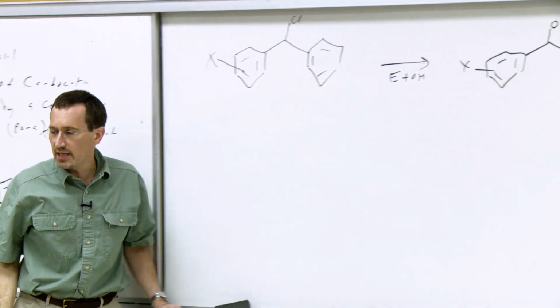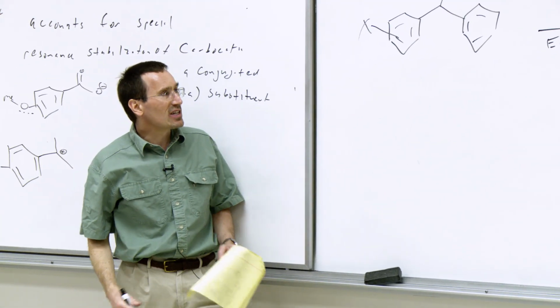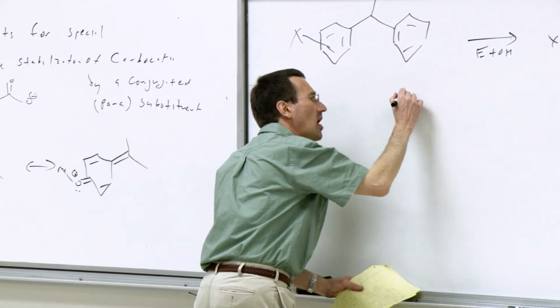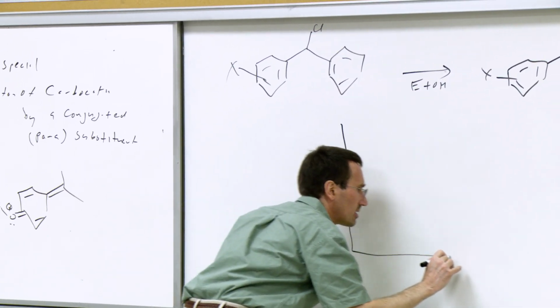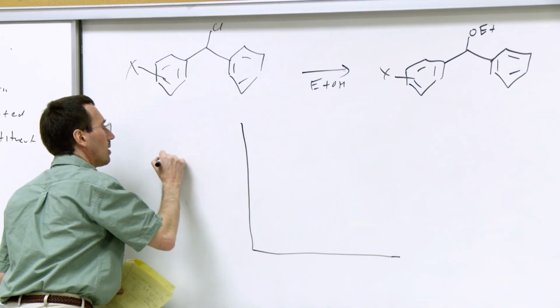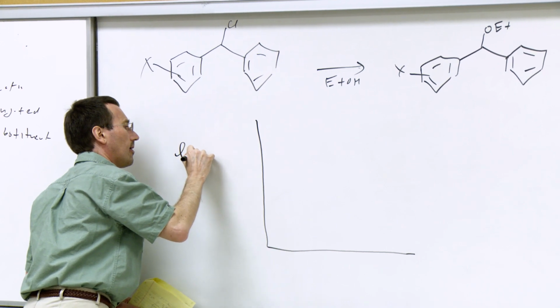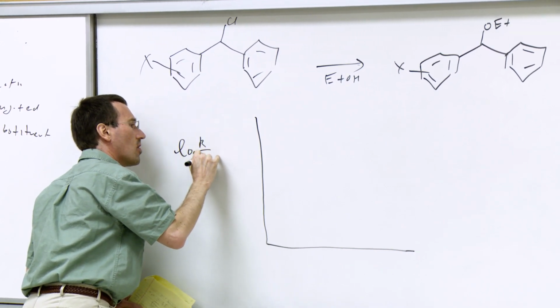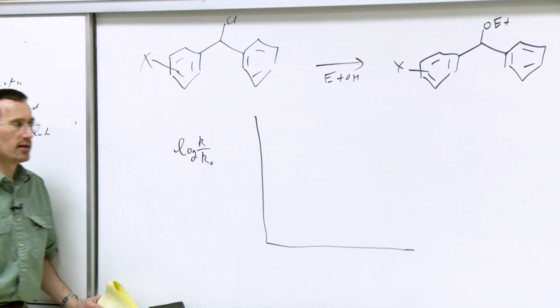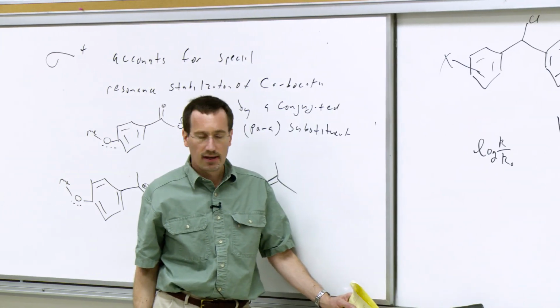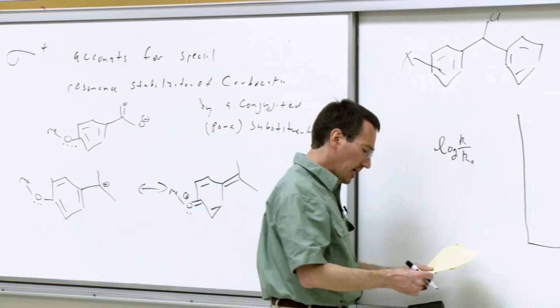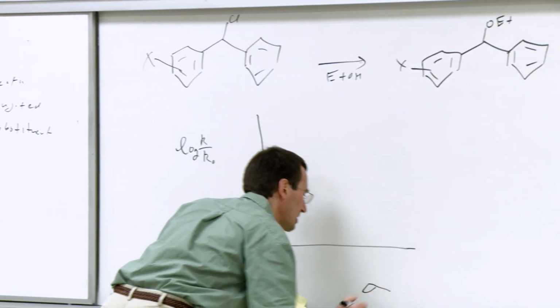And what I'm going to give you a sketch of is the graph of log of the rate constant K over K naught. And I'm going to plot that graph with various substituents.